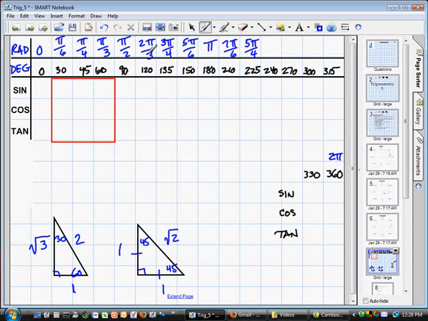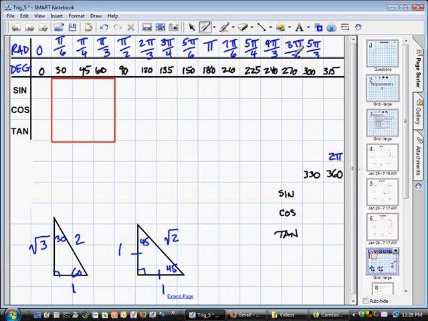240 is double 120, so instead of 2 pi over 3, it's 4 pi over 3. 270, pi and a half. 300, which is double 150, 5 pi over 6 doubled would be 10 pi over 6, and simplified, that would be 5 pi over 3. 315 is 45 degrees greater than 270.